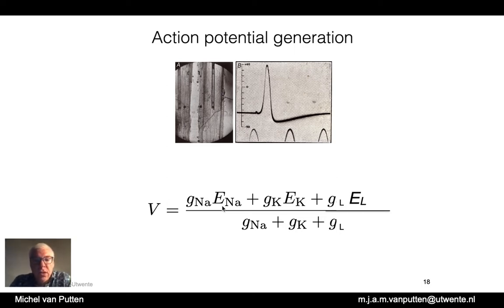And as the concentrations of those two ions are basically opposite, the membrane potential can indeed change from, say, minus 60, minus 70 millivolt to plus 60, plus 70 millivolt. So we'll look a little bit more in detail how this process can be understood and described.